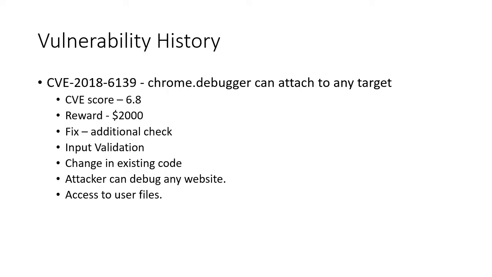This allowed the Chrome developers to add extra input validation for that session, checking whether the extension and the website both have the same scripting access or not, and only then allowing the debugger to attach to that particular website.